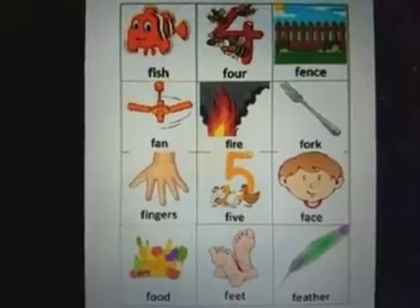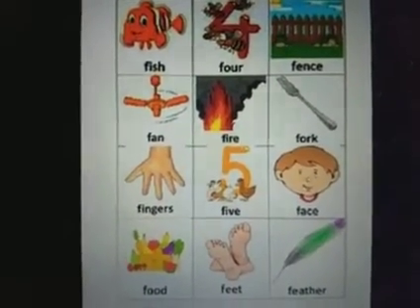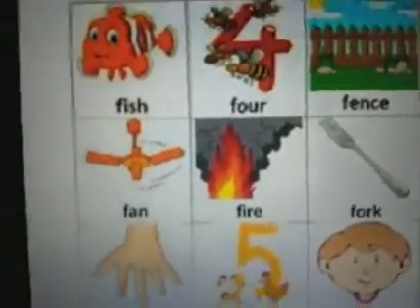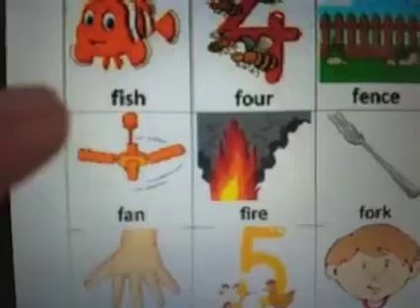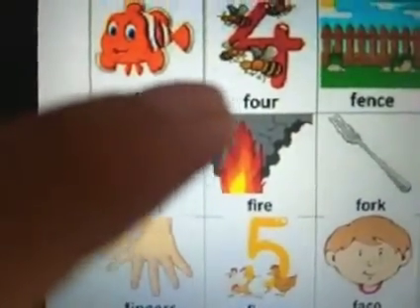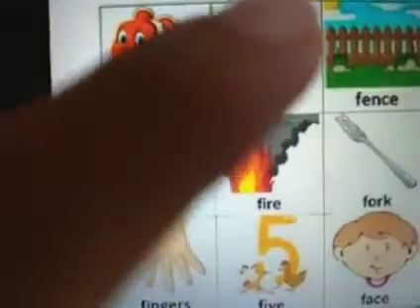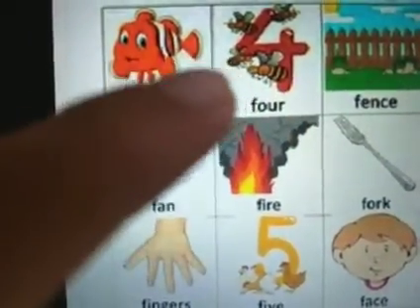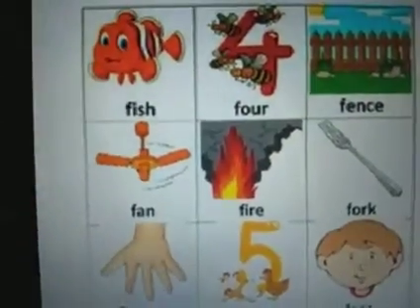Yes. A few pictures here that begin with the sound F. Okay, so let's start the first row here. Fish. Four. Yes, this is the number 4, and we can count the bees. There are some honey bees here. 1, 2, 3, 4.